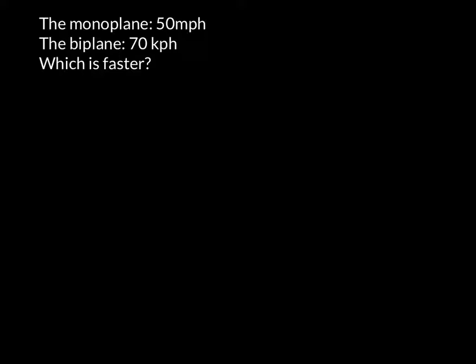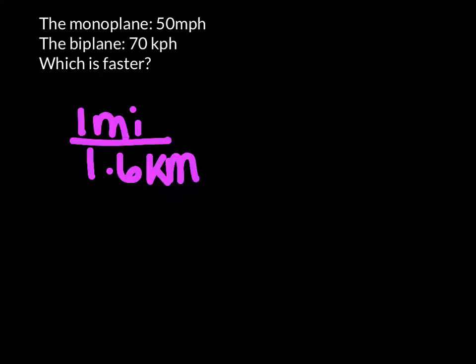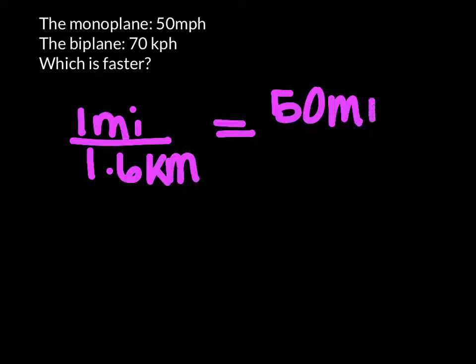I'll do it with a proportion because it's a lot easier for me. I'll take 1 mile over 1.6 kilometers is equal to 50 miles over x.